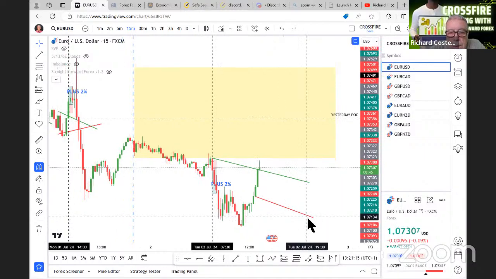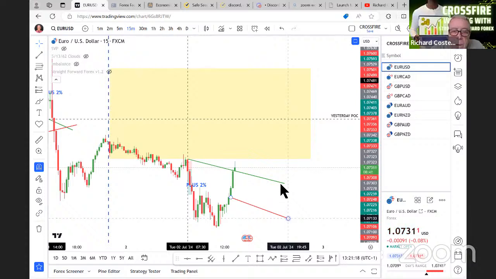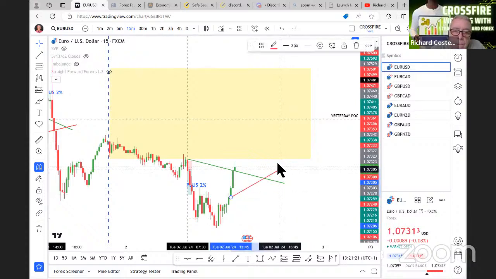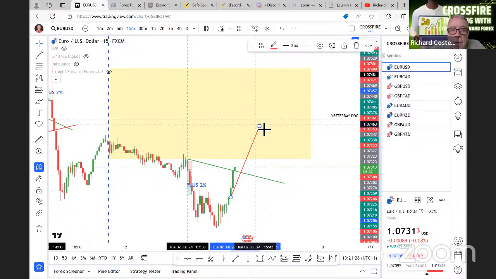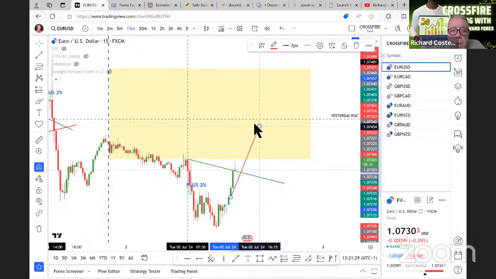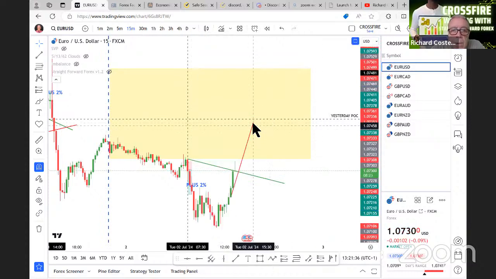Bear with me 1 second. Once again, I need it to pass through the middle, looking from left to right of the 1 o'clock candle. So we're almost there, a little bit further. Just a little bit further.